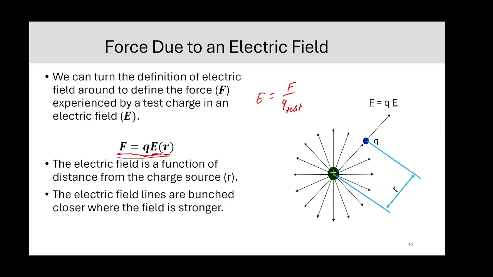We can see here this is a source at the center, and the electric field is going radially outward, and then we have a test charge placed somewhere here at a distance r from the source charge, and the force experienced by this test charge is given by whatever the charge of this test charge is times the electric field.